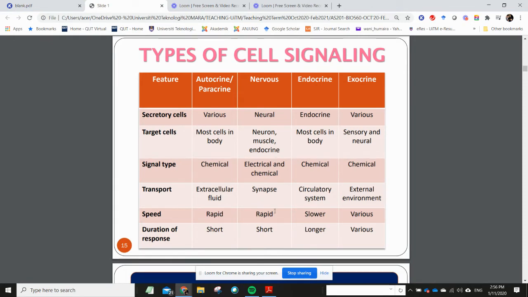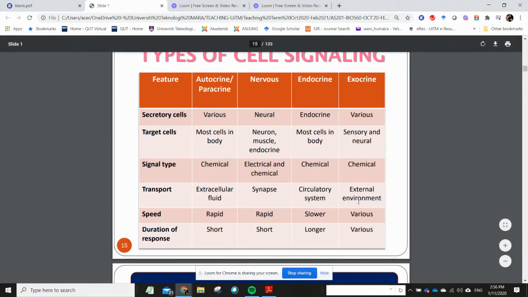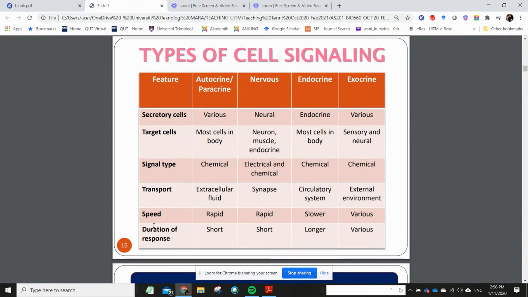Endocrine is much slower compared to autocrine, paracrine and nervous cell signaling. For exocrine, it can be various, can be slower, can be rapid. Okay, so duration of response. Once it binds to the target cells, what happens after that? From secretion, traveling, binding to the target cells, and then causing response, the duration of response.